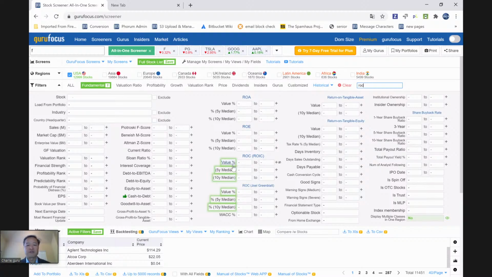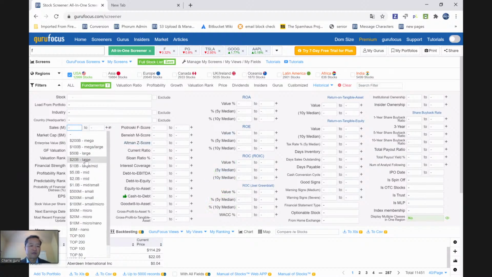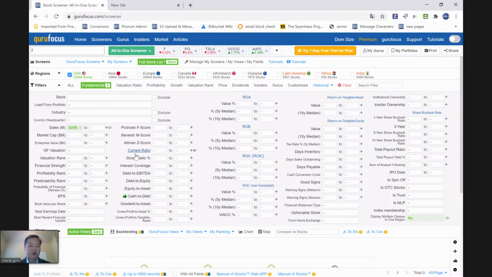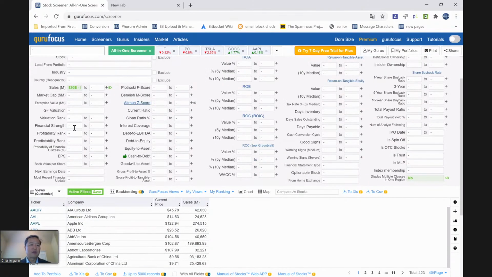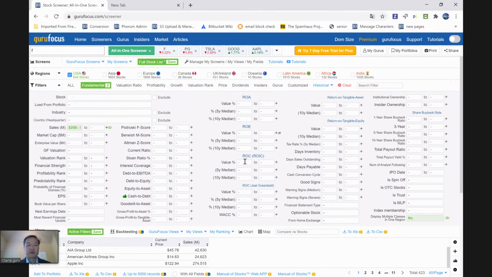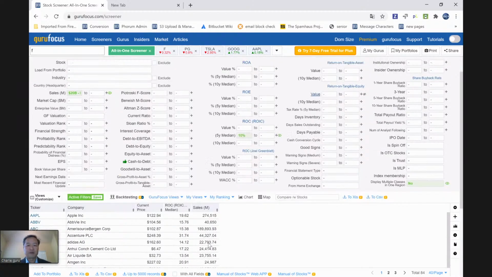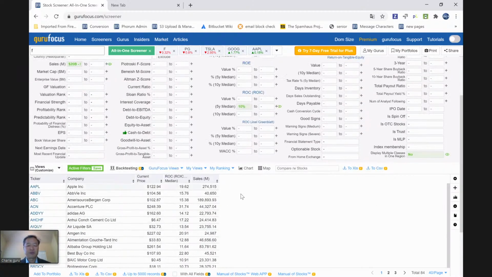Even for ROC, we have the current value, 5-year median, and 10-year median. Whenever you change any of these parameters, for instance, if you say you only want companies with more than 20 billion in sales, the filter will work immediately. And if you want median ROC of more than 10%, you just change it and it will appear here.